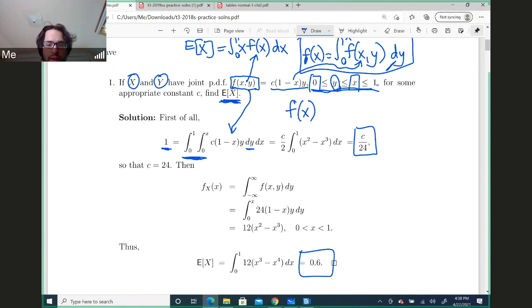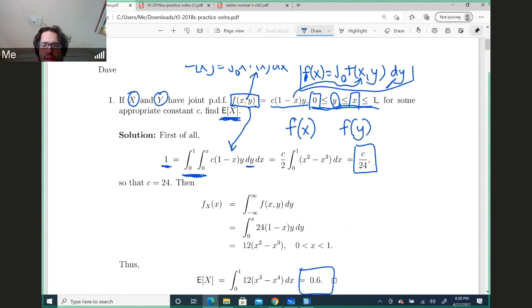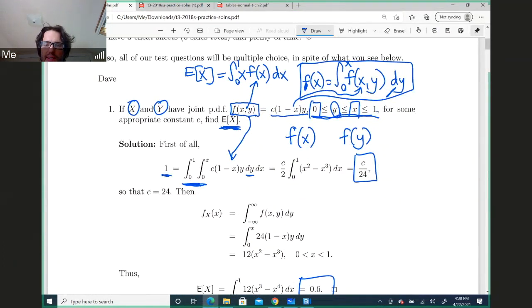Another variant is you could be told, tell us what is f of y. Another variant you could be asked is, are x and y independent in this case? And that would probably be phrased as a true or false question.